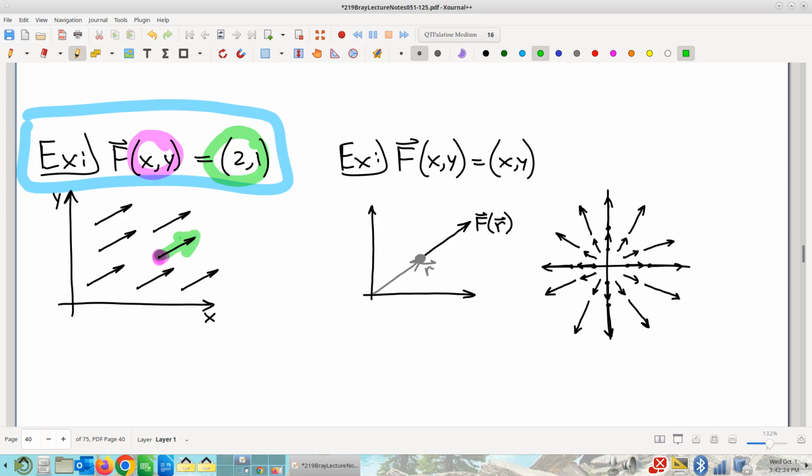So for that point, that's the corresponding field vector. Now you're going to notice the field vector is constant. It's always the same. It's always 2, 1. And so at every one of these points, we get the exact same field vector for each one of them. So this is what that looks like.